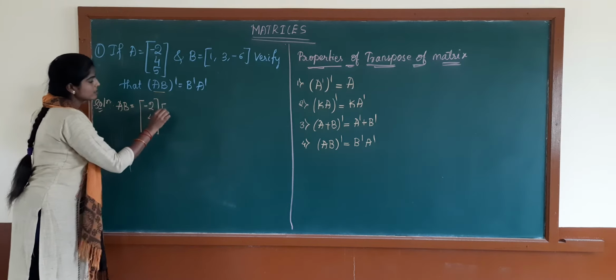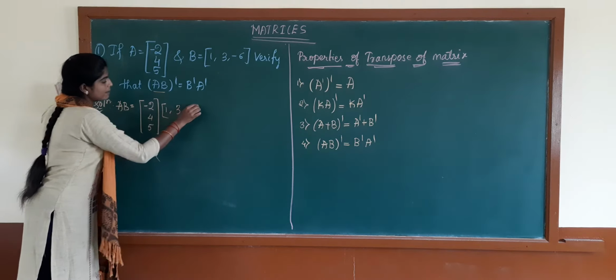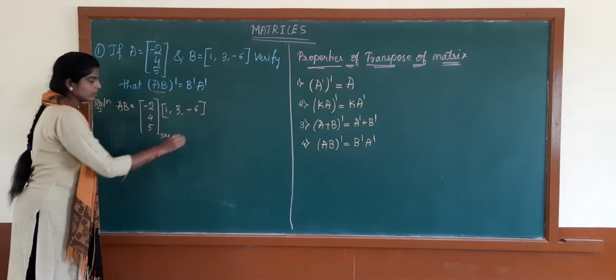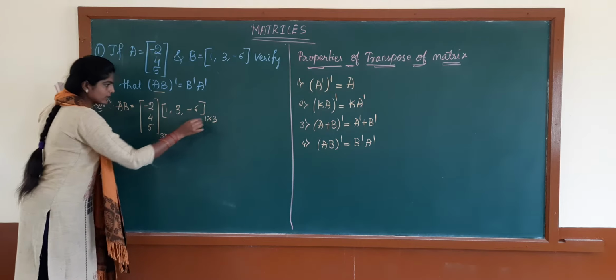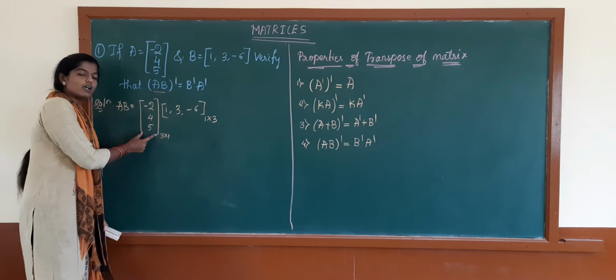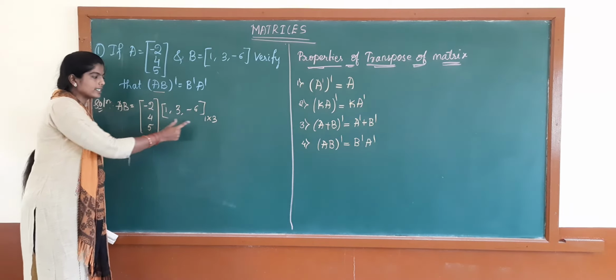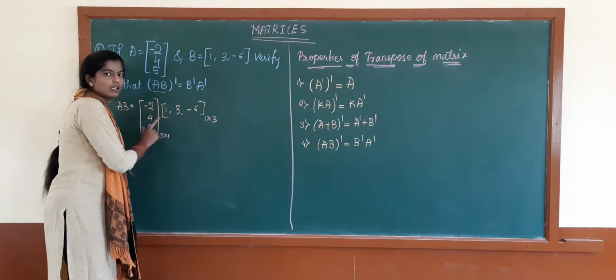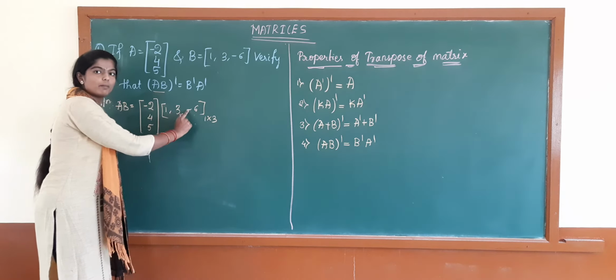Matrix B is 1, 3, minus 6. It is of the order 3 cross 1. It is of the order 1 cross 3. So the number of columns of matrix A is equal to the number of rows of matrix B. Therefore we can multiply these two matrices.